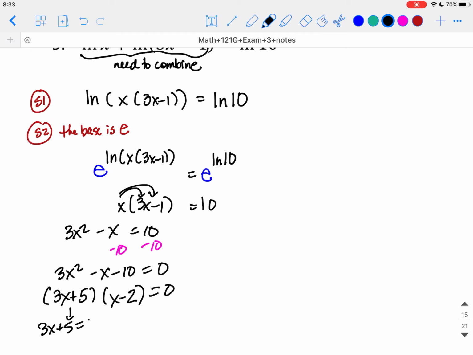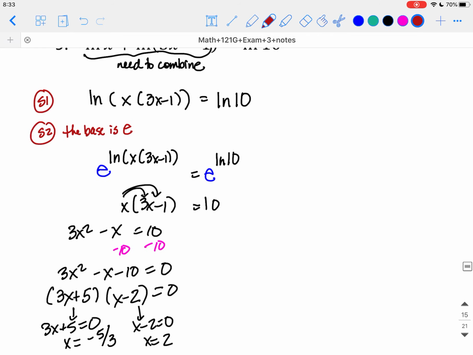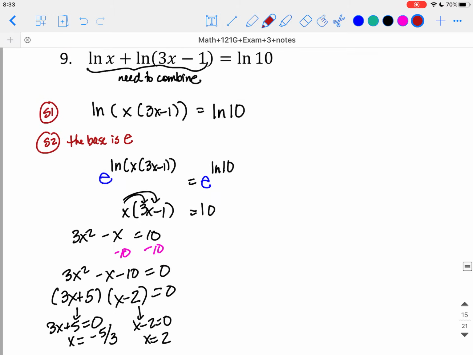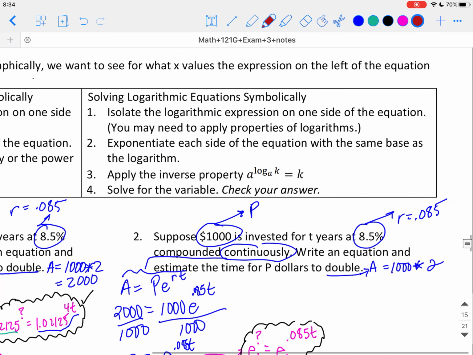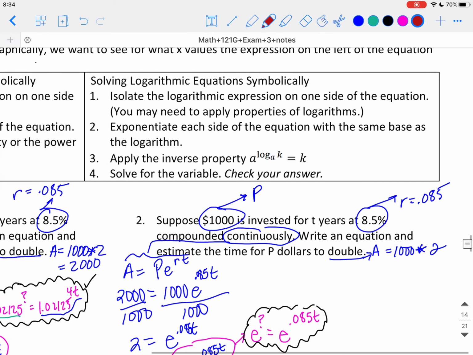And once I factor it, and I set each factor equal to 0, and if I subtract 5 and divide by 3, I get negative 5/3. And here on this one, if I just add 2 to both sides, I get 2. So let me go back to the steps here.